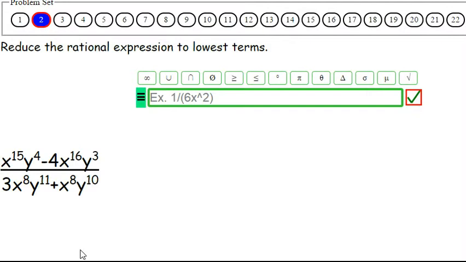Alright, so let's see what we can do here. I need to make sure I wrote everything down correctly. My track record so far is not good with this section. X to the 15th, y to the 4th, negative 4x to the 16th, and y to the 3rd. Okay, now all we got to do is write it down. X to the 15th, y to the 4th. It's ridiculous.